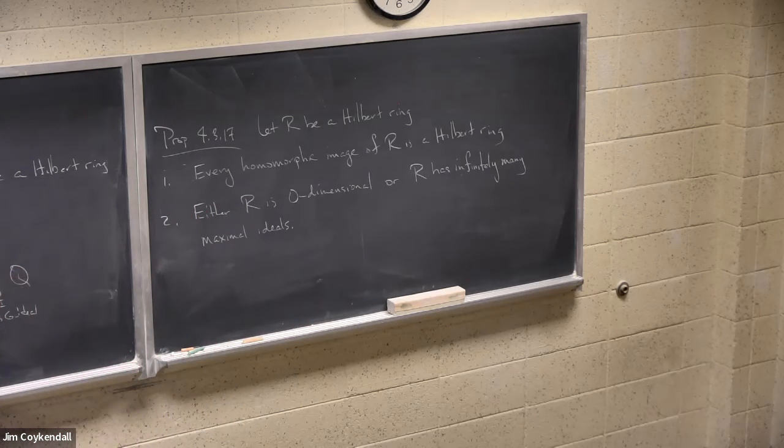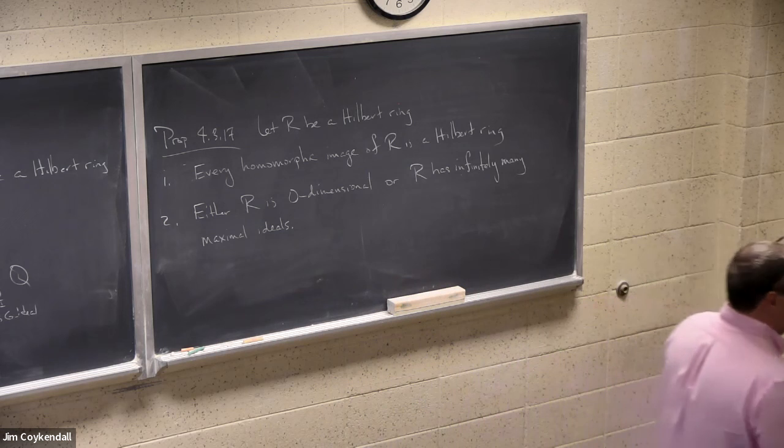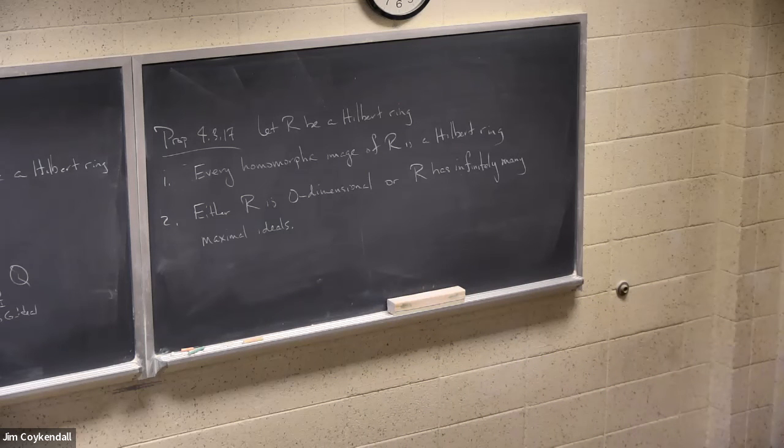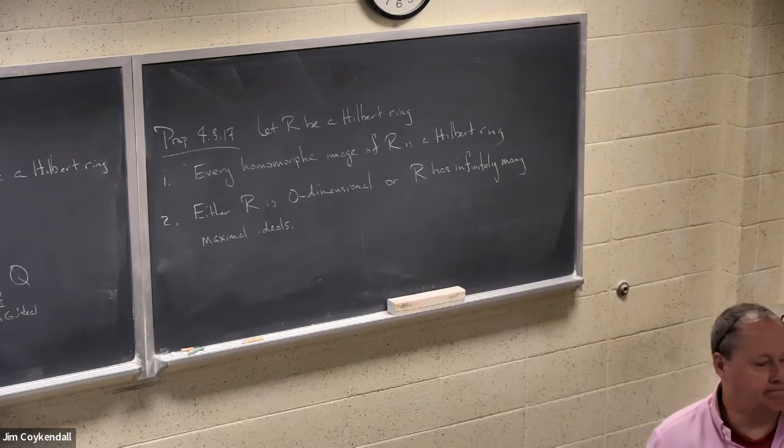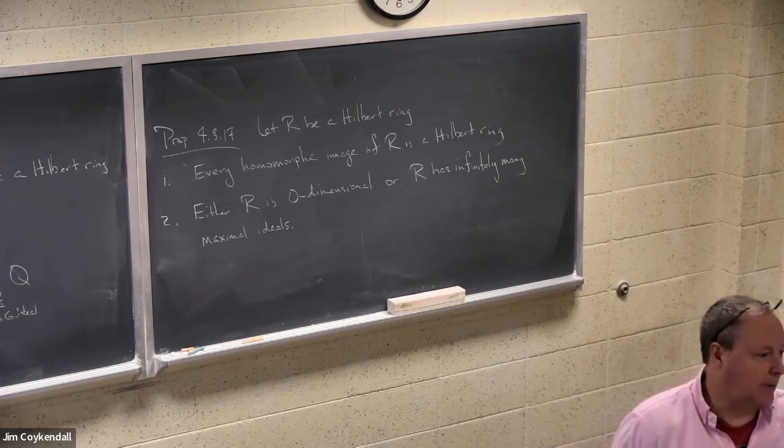By the way, after I've done all this, can anybody give me an example of a Hilbert ring? Z. That's exactly what I was thinking. Your only choices in Z for the G ideals are zero and the maximal primes.